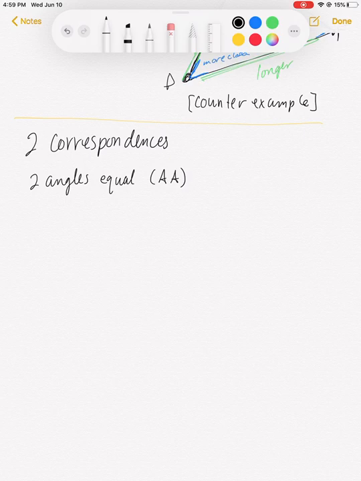You can also have an angle and a side, which I would call the AS correspondence, or you can have 2 sides correspond. That's the side-side correspondence. Okay, so we'll get to those in a minute. Start with investigating whether 2 angles are enough to make 2 triangles congruent.